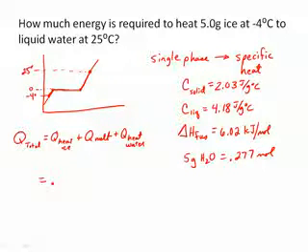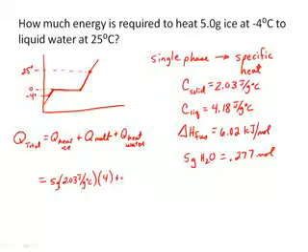So to heat the ice, it's the mass. I have 5 grams times the specific heat of the ice, 2.03 joules per gram degrees Celsius. And my delta T, I'm going from -4 to 0, so that's a 4-degree transition. That's going to be in joules, so I'm going to leave it in joules, and I'll convert my melting from kilojoules into joules.